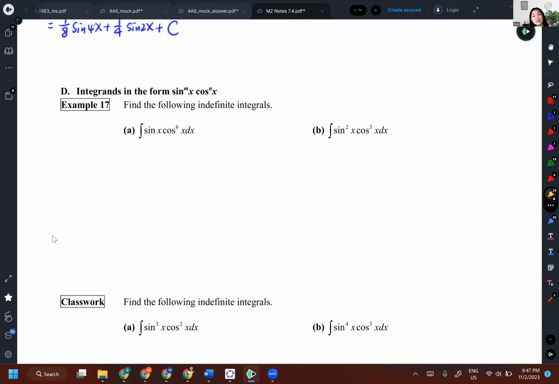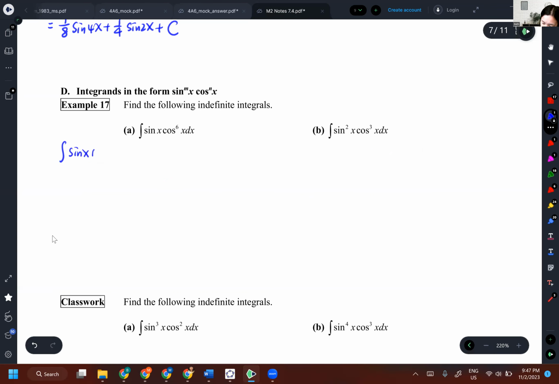This type of question is different. Although you can see sine and cosine, the solution is different. Obviously, you will have sine and cosine, and one of them is an even degree, and one of them is an odd degree.